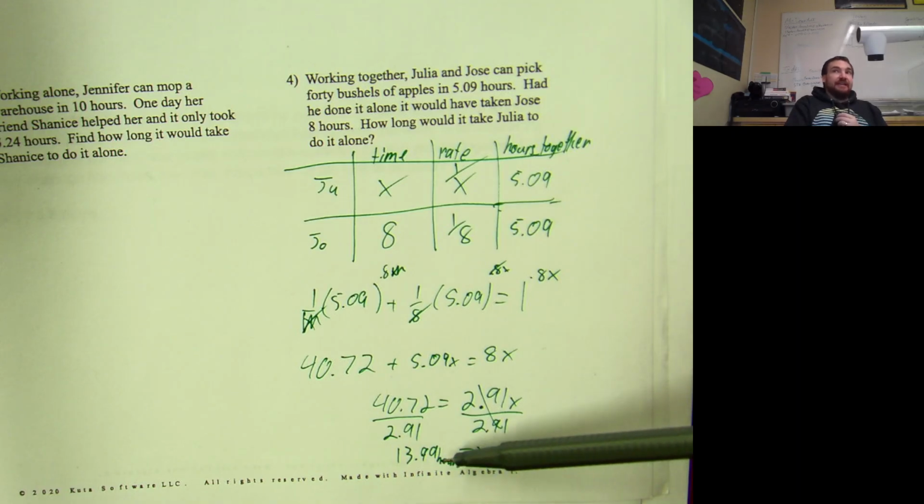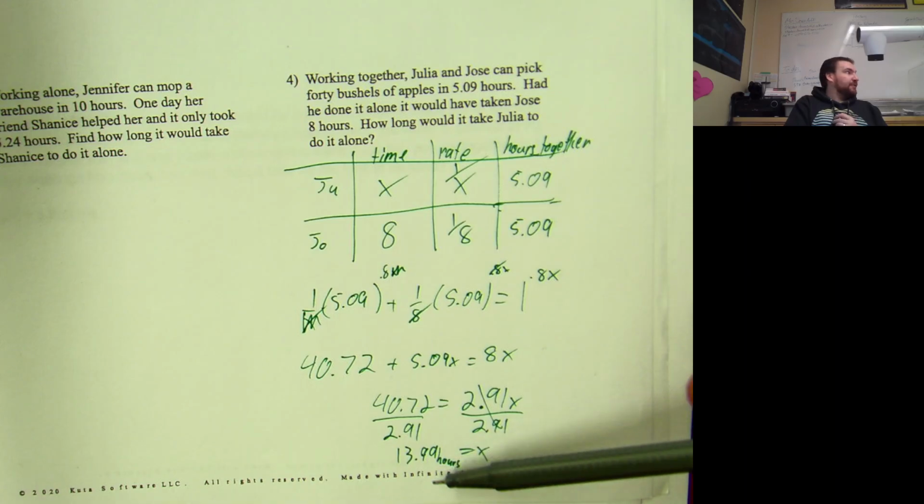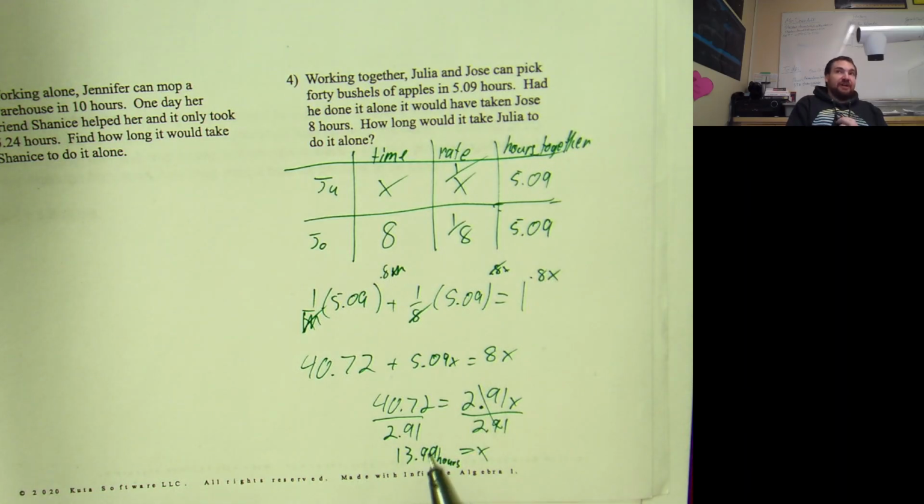Well, to convert this into hours and minutes, you take the fraction of an hour and times by the number of minutes in an hour. So we're going to take that 0.99 and multiply it by 60. That's 59 minutes and 24 seconds. So this decimal just represents a percentage of an hour, 99% of an hour.